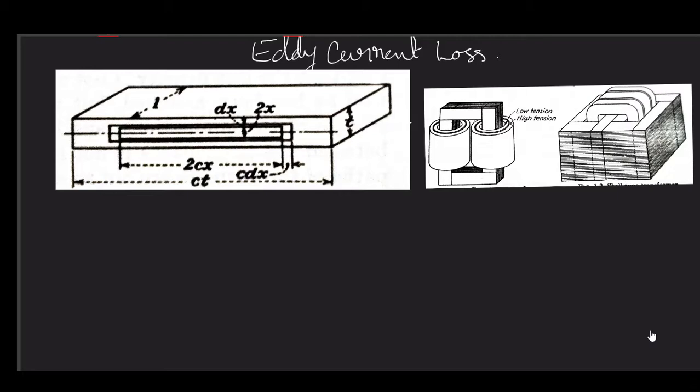So we have our thickness, let me write it here. Obviously the unit should be length, in centimeter or millimeter, and the width of this laminating sheet is c.